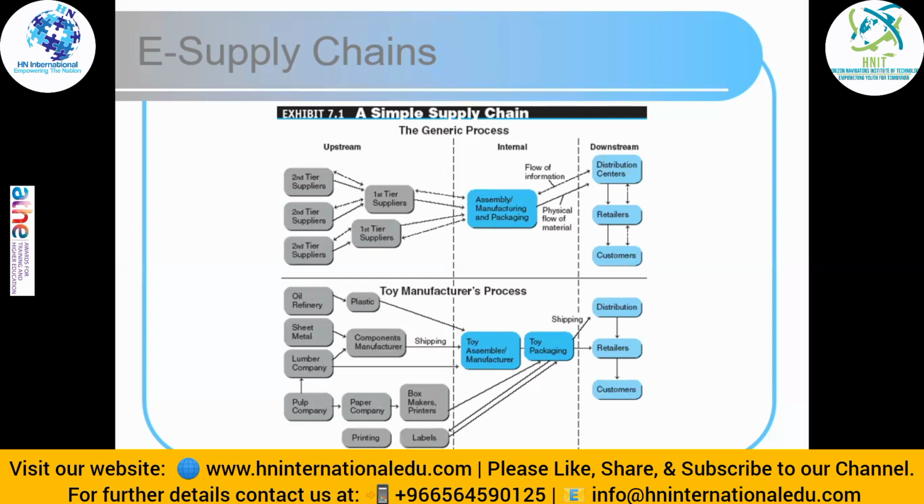So there are multiple people involved in that product. It's not only the oil. Then you assemble the manufacturers, then you package it, and then the shippers distribute to the distributors or retailers or the customers. So this is called the toy manufacturer's process.